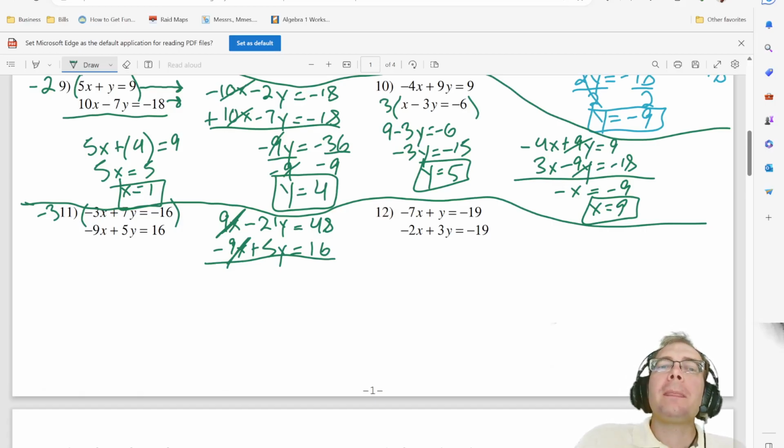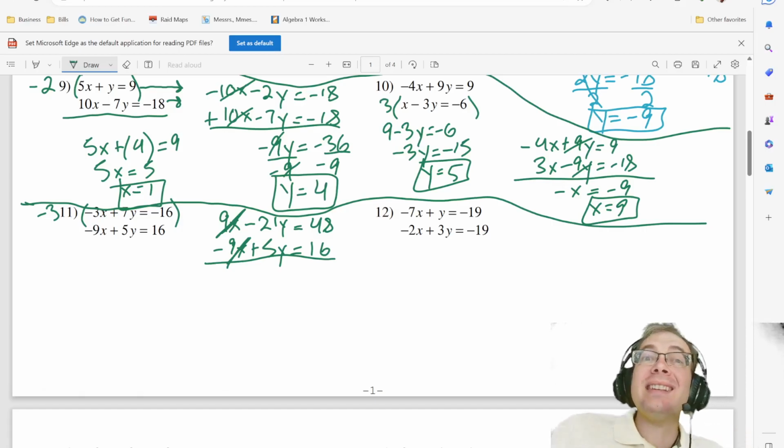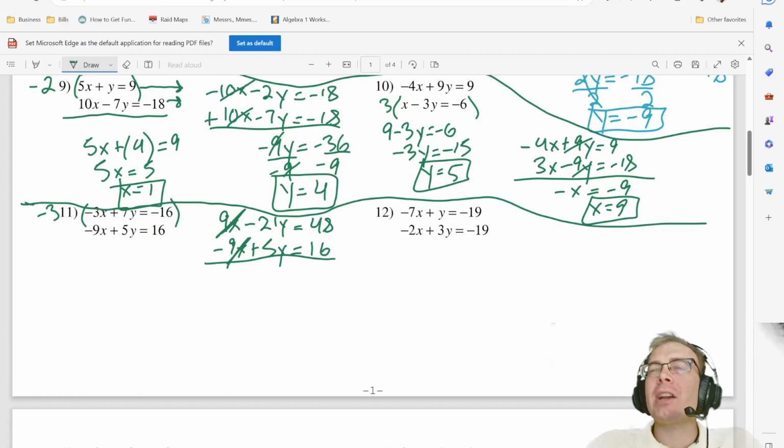However, if you have to switch the signs to make it a natural subtraction, which is like a bigger number minus a smaller number, just don't forget to switch the signs back. This method works really well. You just have to remember to switch the signs back.